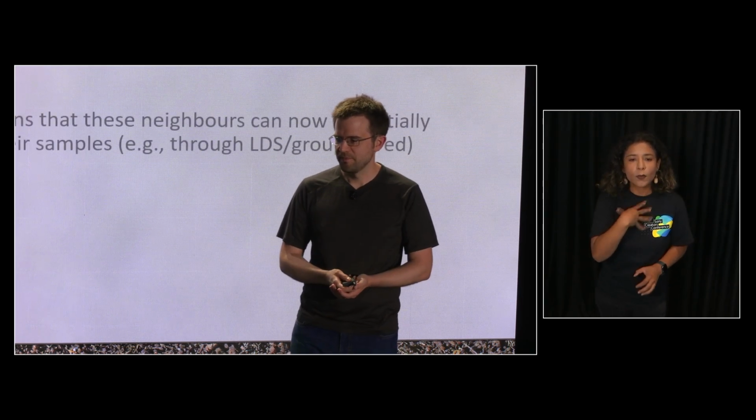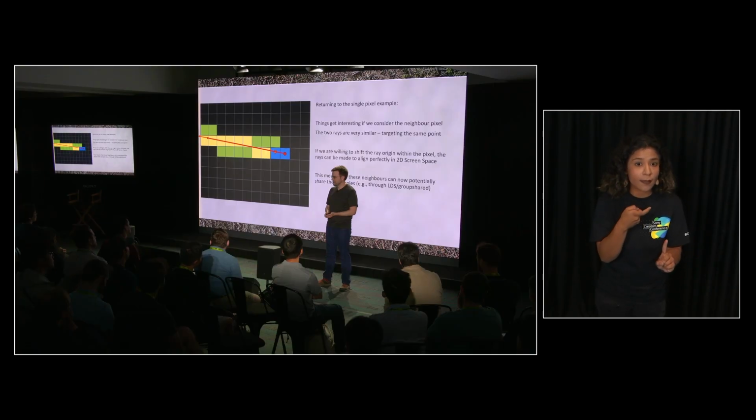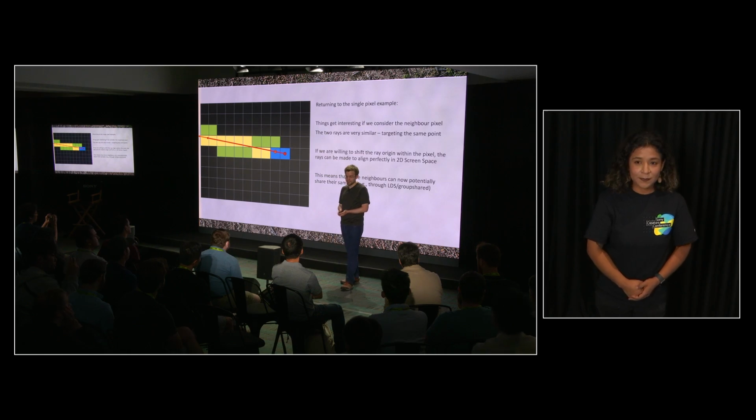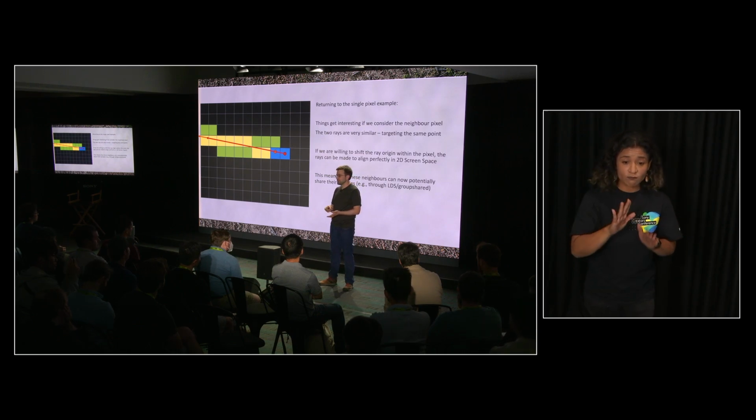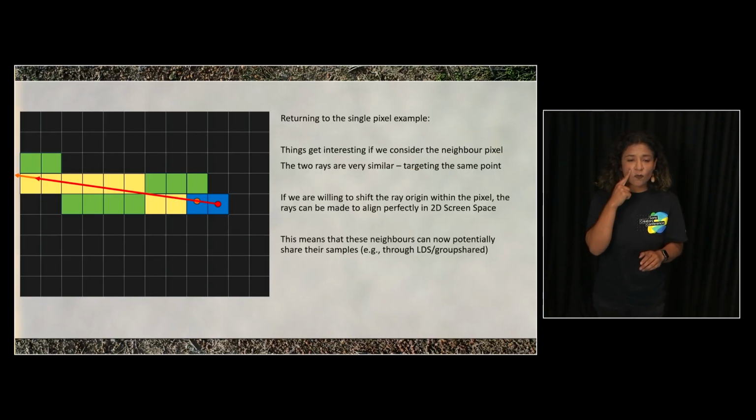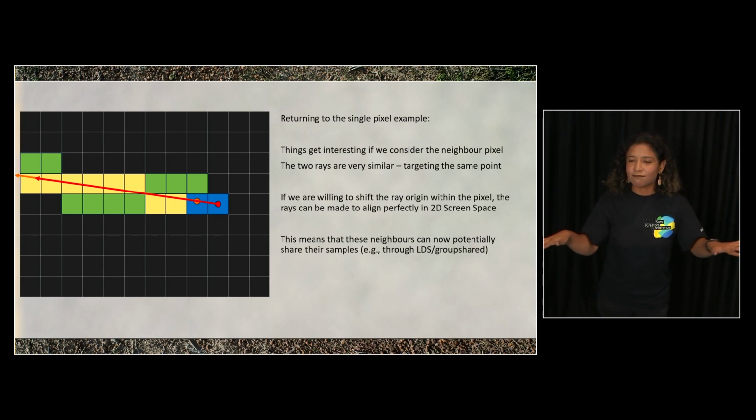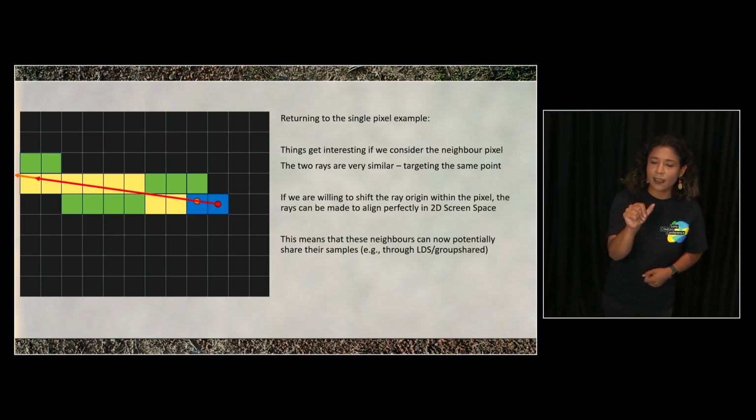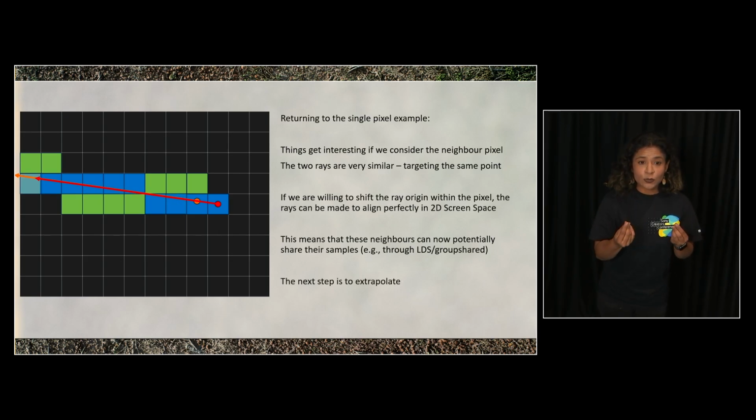The depths won't match, but that doesn't matter. The important thing is where we're sampling them. Oh, I'm one behind. Now, if we push this data into local group shared data memory, local data store, I should say, then in theory we can start sharing this data. So the next step is we extrapolate.